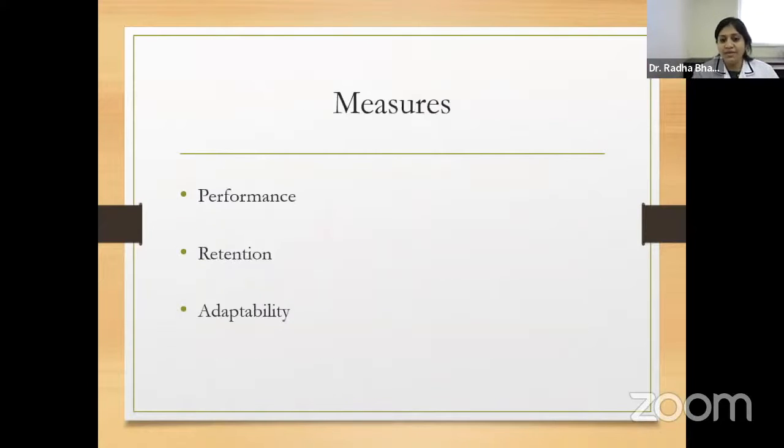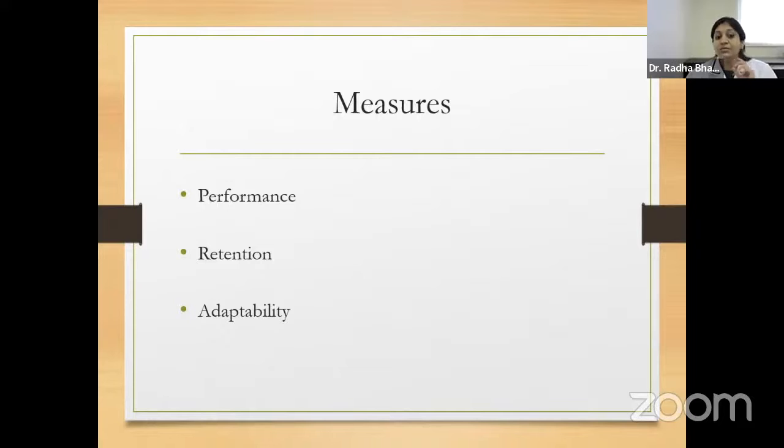Coming to the next thing, measures of learning. How would you measure whether learning has taken place or not? Initially the concept was about performance. If you ask a person to do a movement or an action, and if the patient is able to perform it, it means the motor learning has been done.